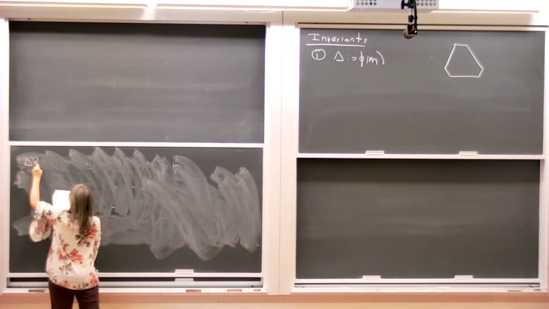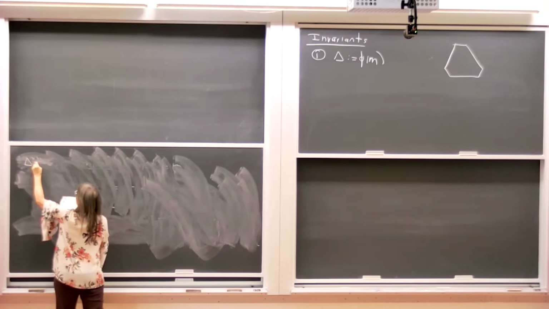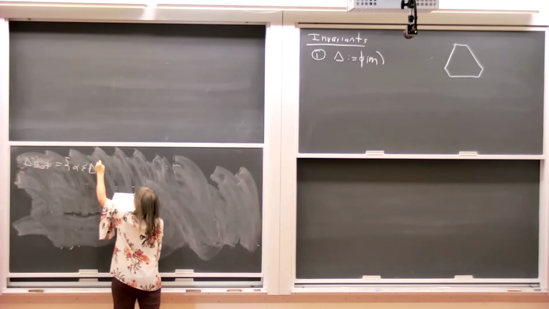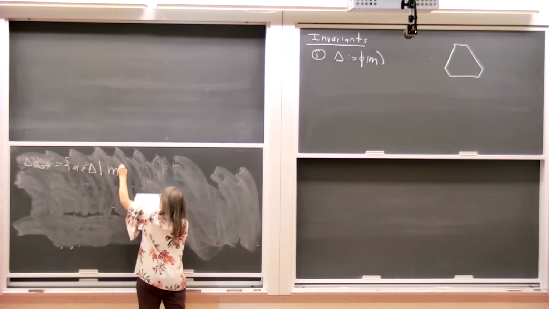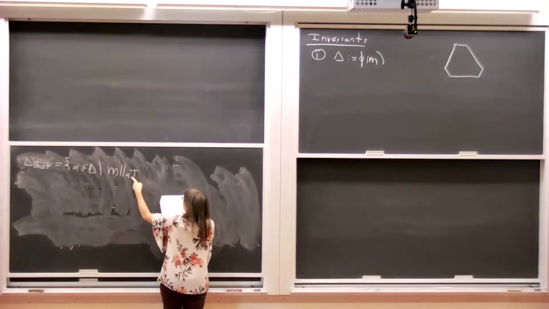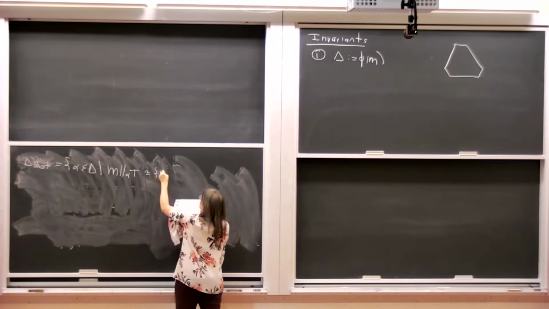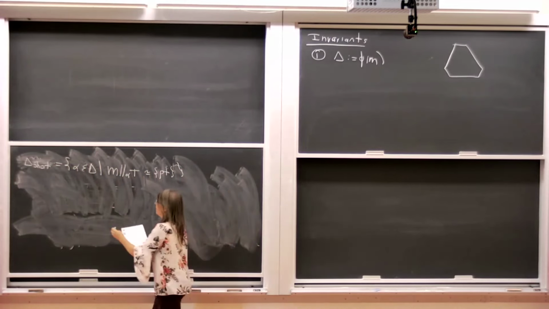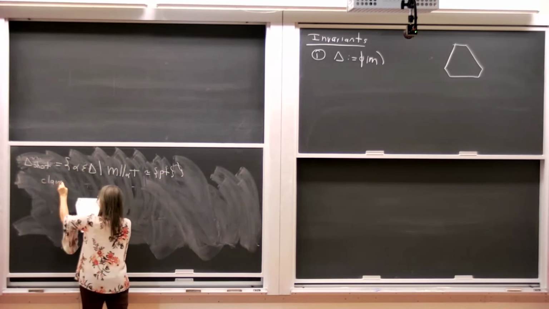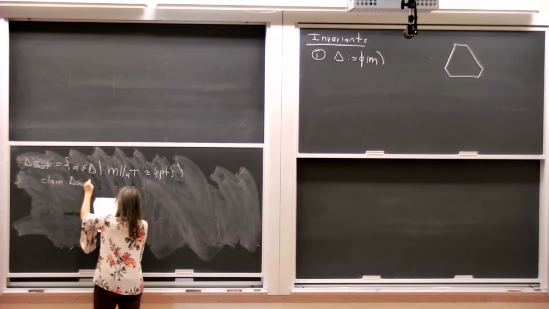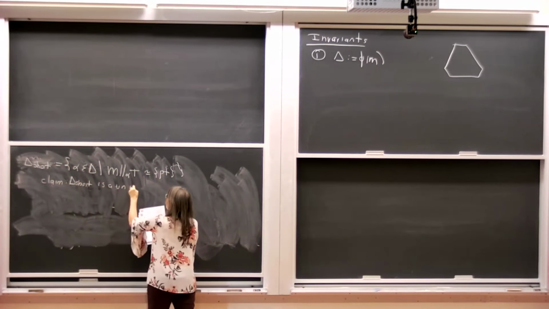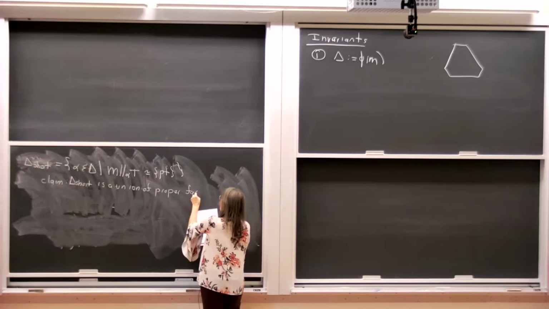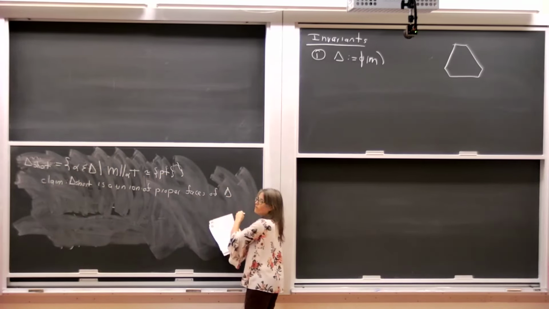So I want to let delta short be defined to be the set of alpha in delta so that the reduced space over alpha is just a point. So the moment fiber has a single orbit. There's a pretty easy claim that delta short is a union of proper faces of delta, so it can only be on the boundary.